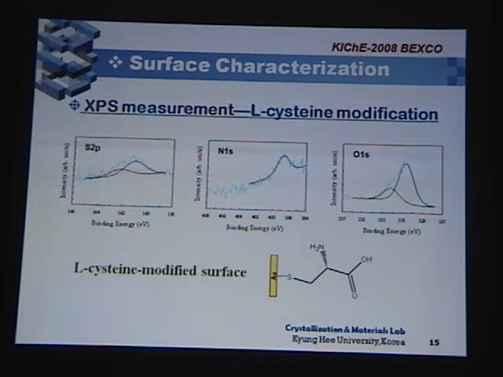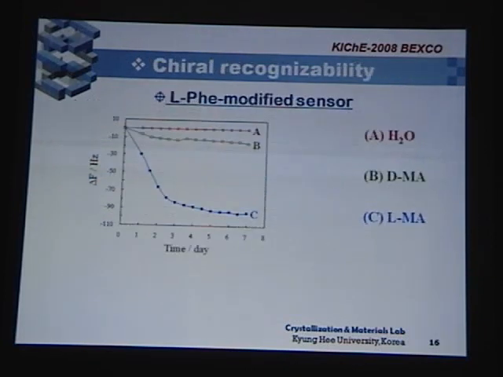So, all of these QCN, contact angle, electrochemical reduction, CV and XPS results show that the modification on the surface is successful. So we use this chiral selector modified surface to check the recognizability.